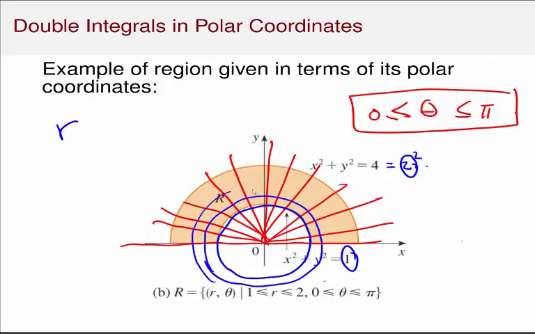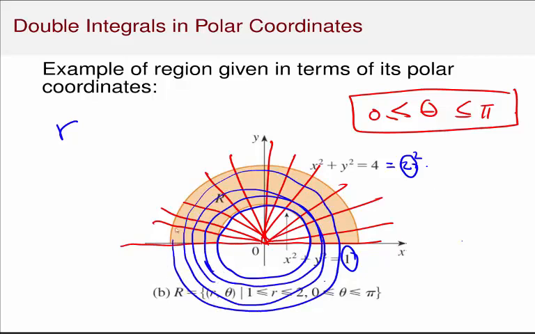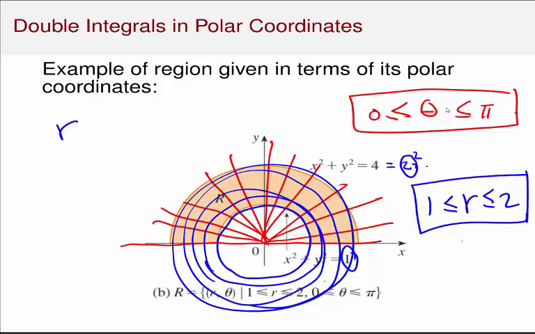Do you see that? And therefore, the range for the variable r is between 1 and 2. So together with the range for theta, this will define the region in terms of the polar coordinates.